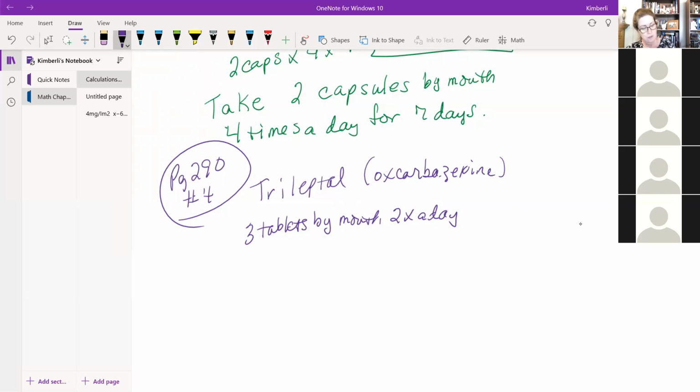This is an anticonvulsant, so it's for seizures or epilepsy, right? And it's 150 milligrams per tablet, right?